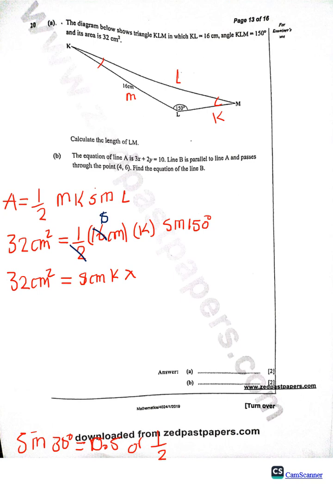Now the concept behind this trigonometry in paper 1 is if sine 30 is 0.5, let's subtract 30 from 180. 180 minus 30 is 150.